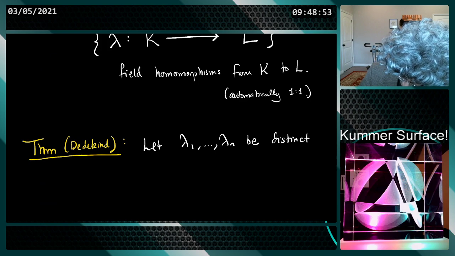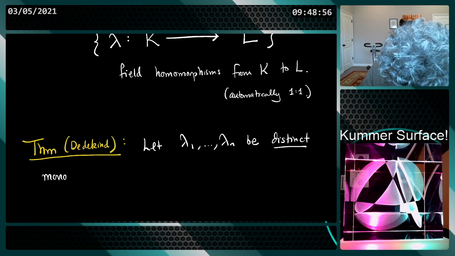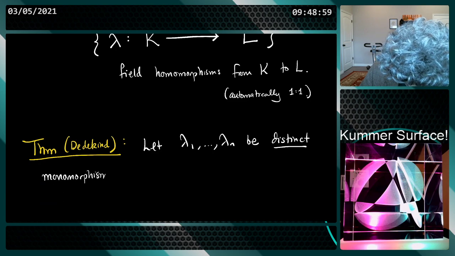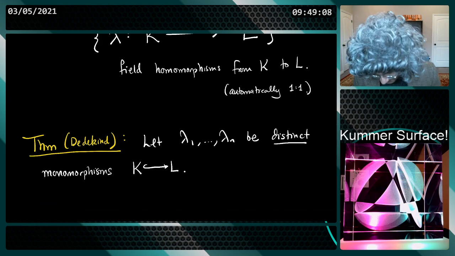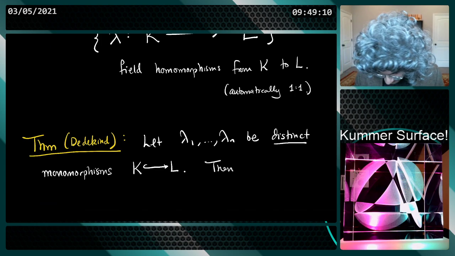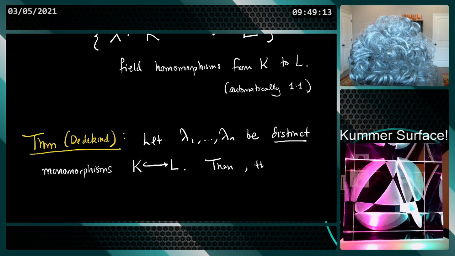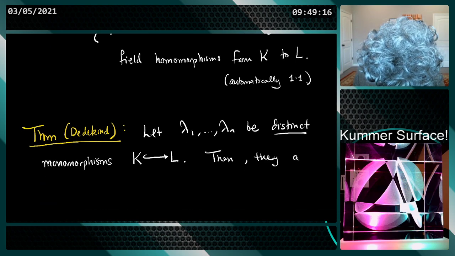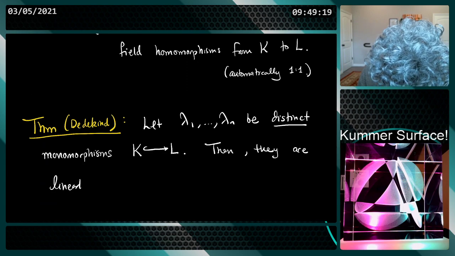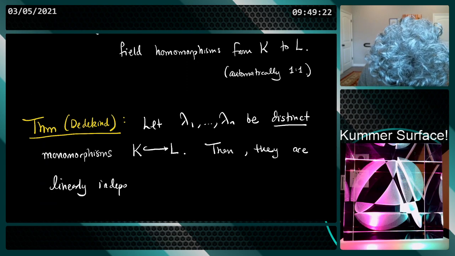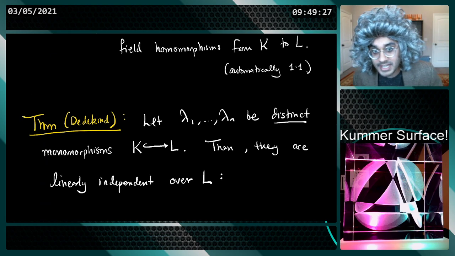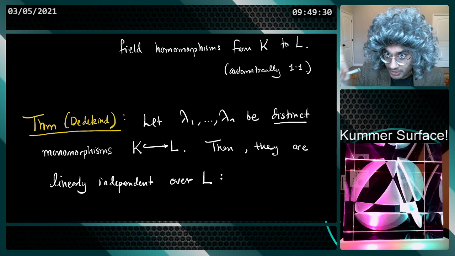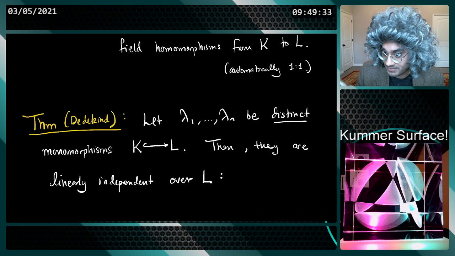Distinct monomorphisms, then, they're linearly independent over L, the target larger field, right?